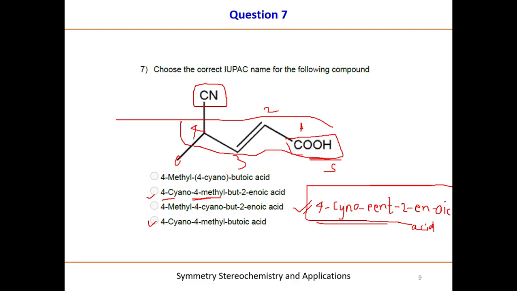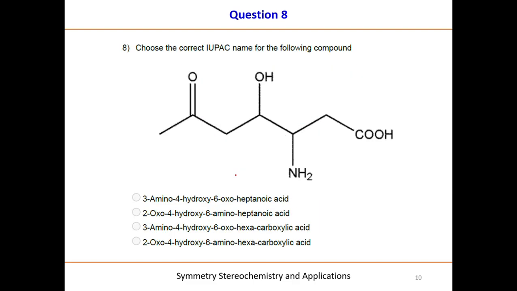Because they have considered 4 carbons as the parent chain, the name will become but-. But means 4 carbons are present in the parent chain. At carbon number 2 we have a double bond, so but-2-ene, and acid is present at carbon number 1, so oic acid. The name will become 4-cyano-4-methylbut-2-enoic acid. So option number 2 will be correct according to these options. But the correct answer is 4-cyanopent-2-enoic acid.